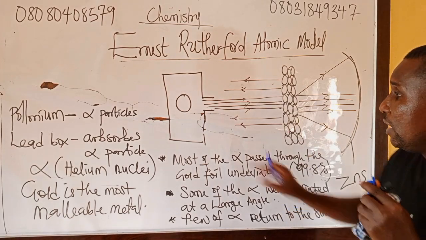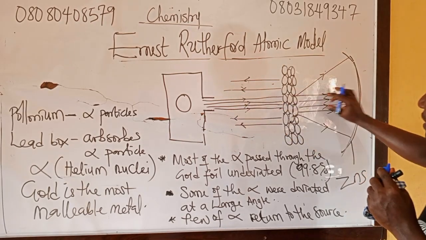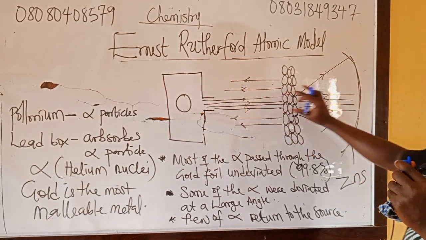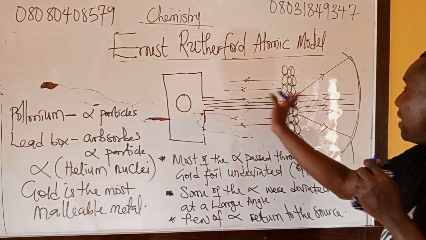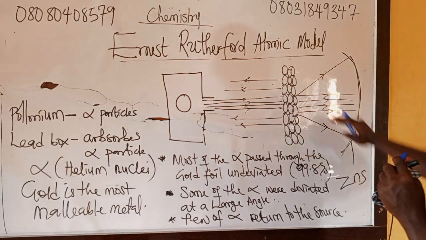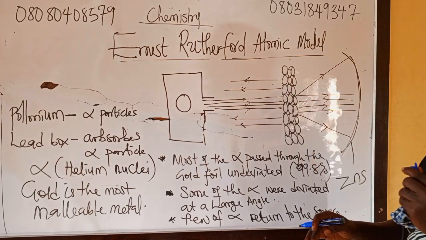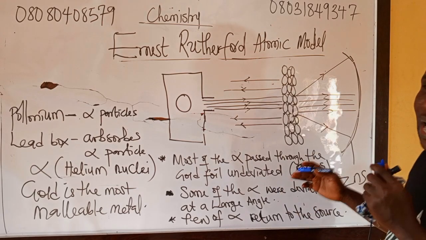Take note of that. Then when he bombarded the gold foil, a large portion of it, approximately 99.8%, passed without deviation. Then some of the alpha particles were deviated at a huge angle.